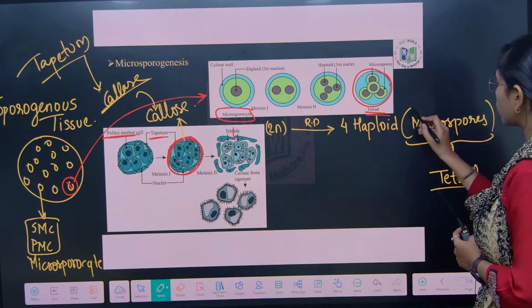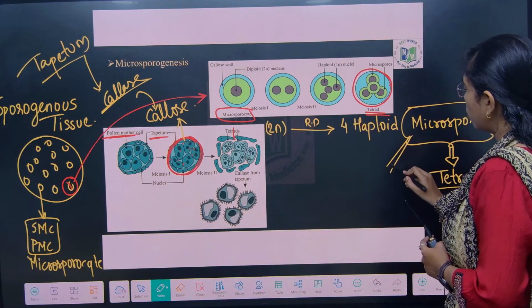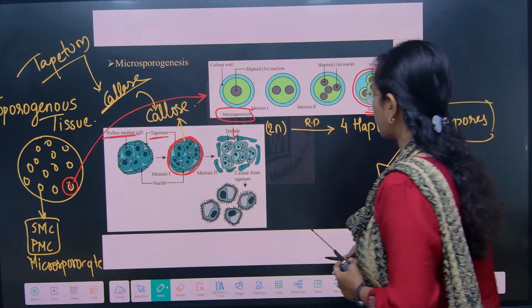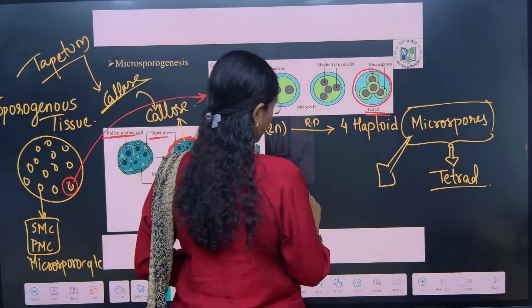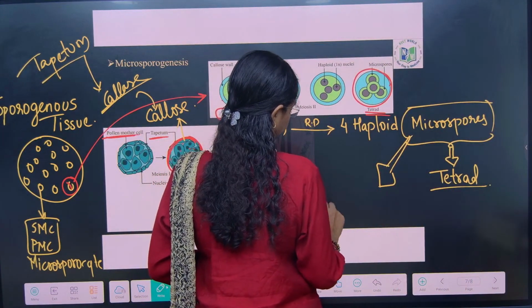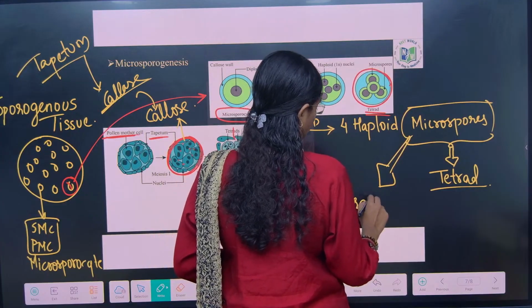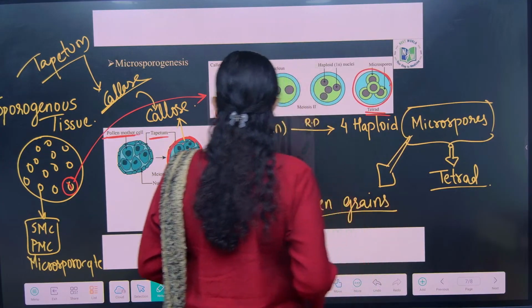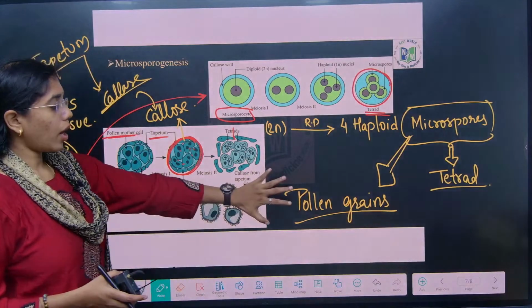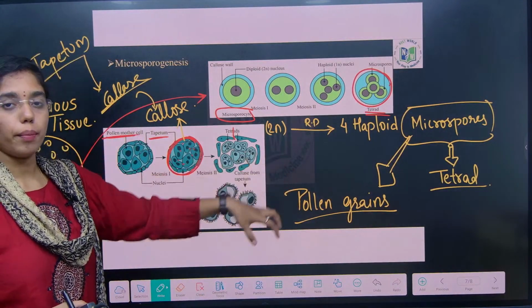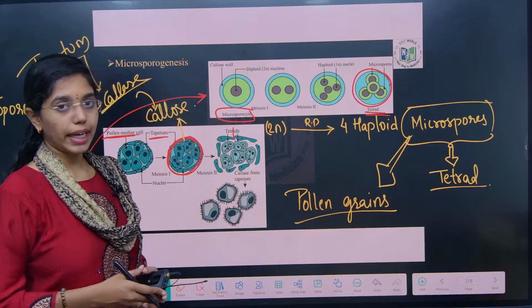Now, these microspores need to mature into pollen grains. The mature pollen grains are of binucleated condition.